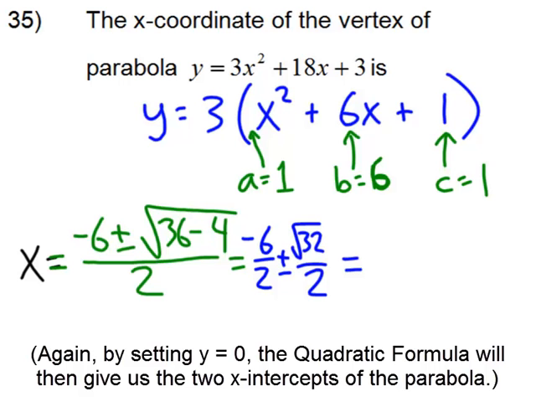But I can do this, and that allows me to say, okay, negative 6 over 2, that's simply negative 3. And I could try to simplify that root 32. It wouldn't take too much time, but I'm not even going to bother with that. No harm if I do, but I'm not going to waste time with it. I'm just going to leave it as root 32 over 2, and you'll see why here in just a moment.